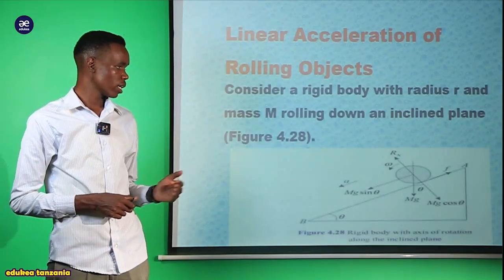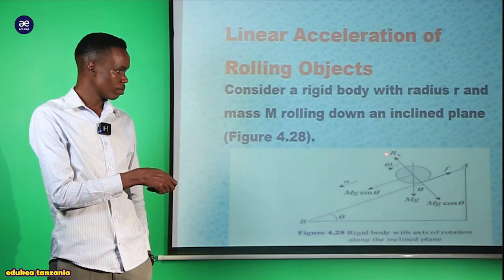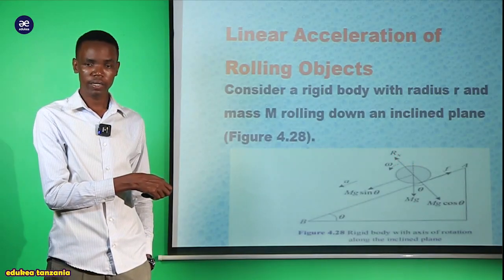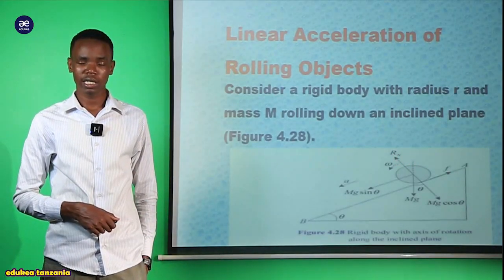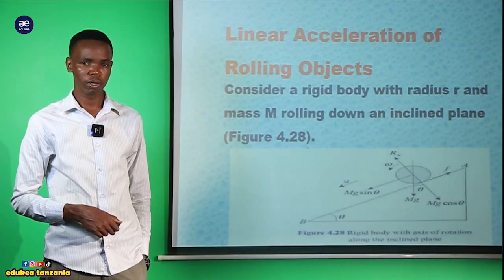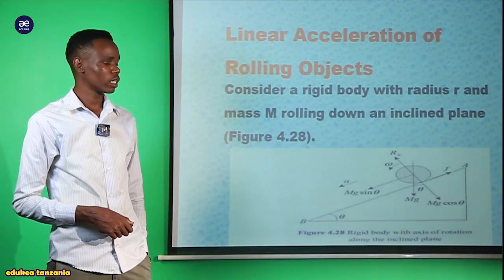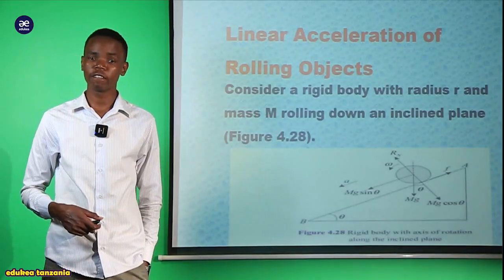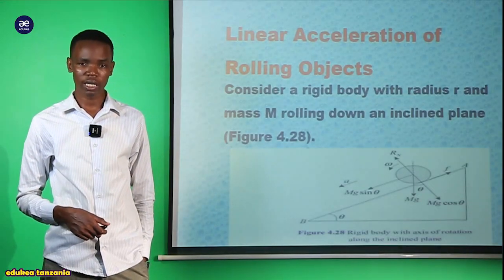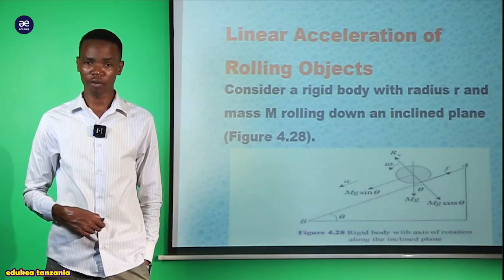But as you can observe, this mg cos theta must be equal to Rn, and this Rn represents the normal reaction. This is not a new term for you, because when you were in form 2 and form 3, you tried to see the definition of the normal reaction, and also the definition of the friction force.